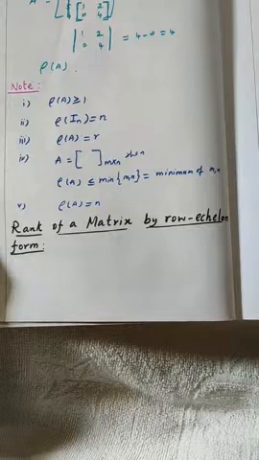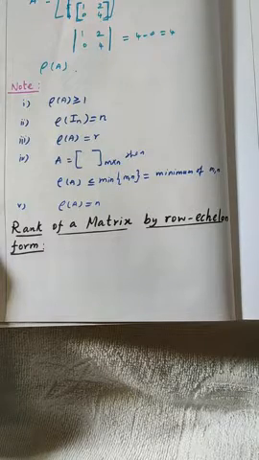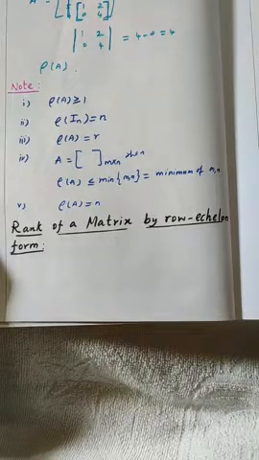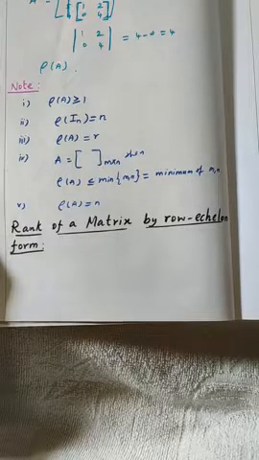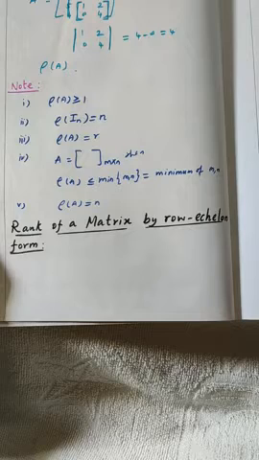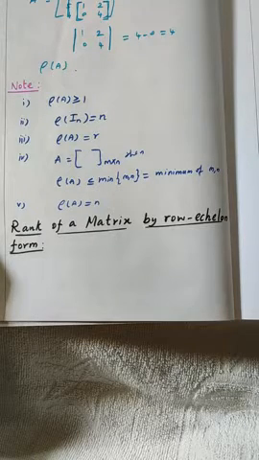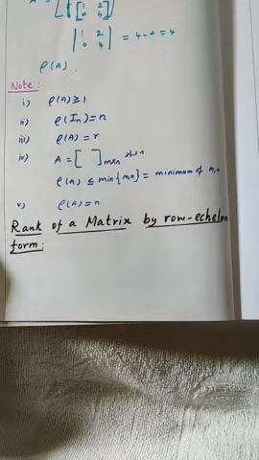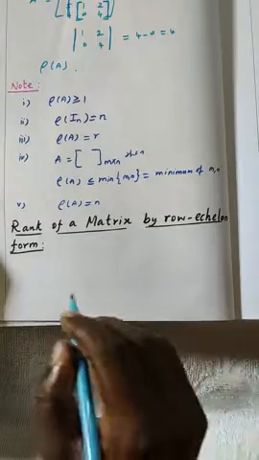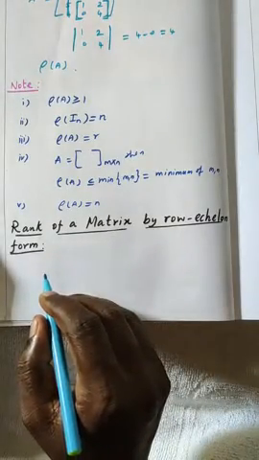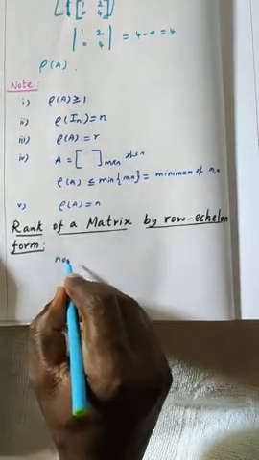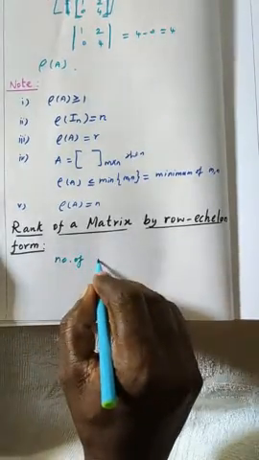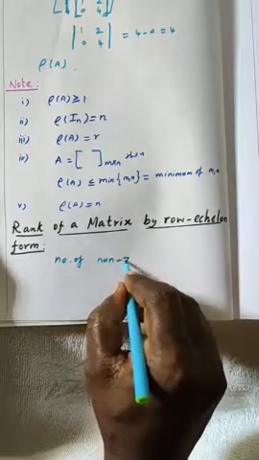This method is computing the rank of a matrix by row echelon form. If a matrix is in row echelon form, then all the entries below the leading diagonal are 0. The rank of a matrix in row echelon form is the number of non-zero rows.